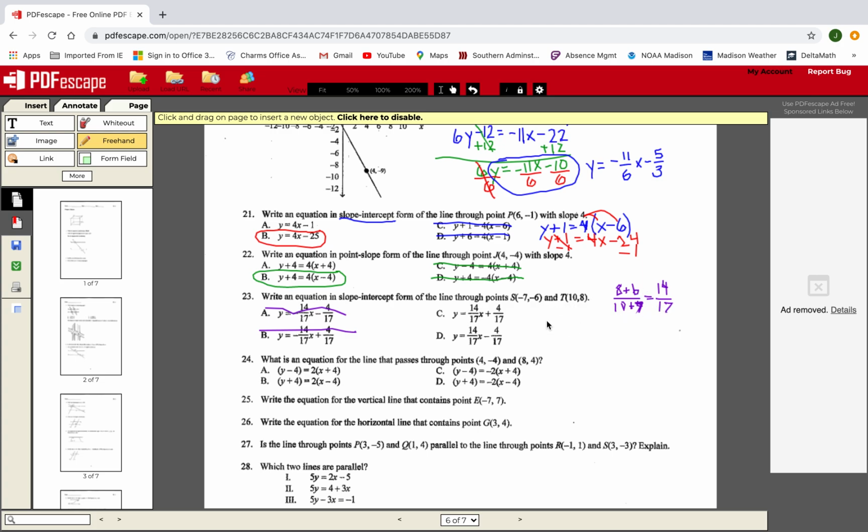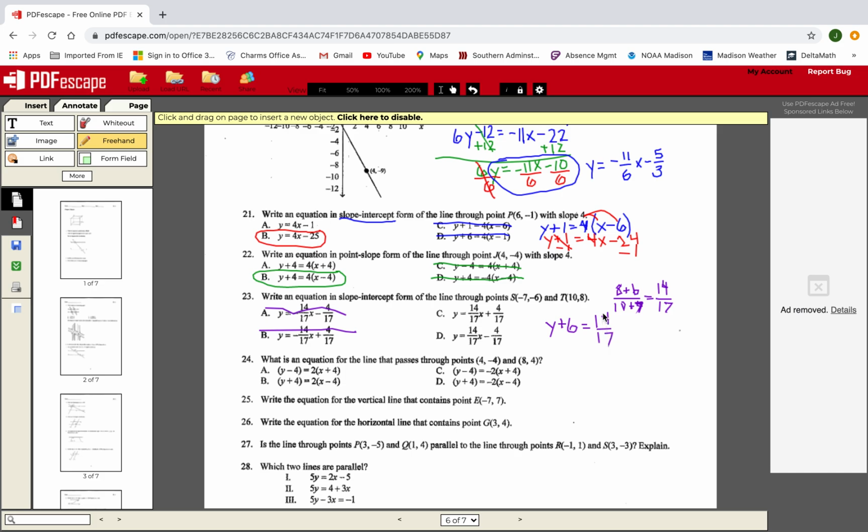Okay, so I've got y minus my y value. I'm going to use this one. So my y value here is negative 6, minus a negative is plus 6, equals my slope of 14/17.